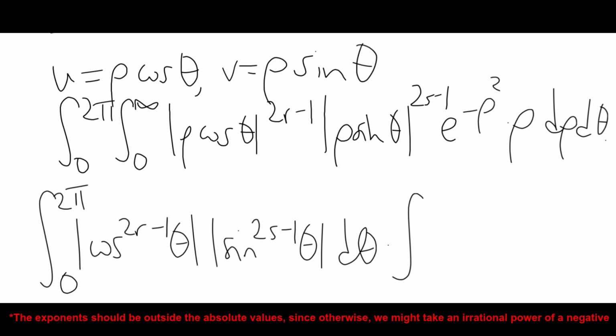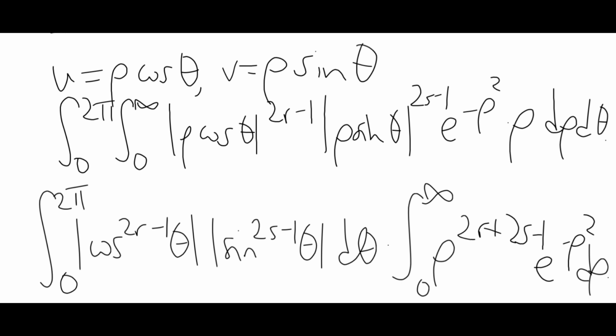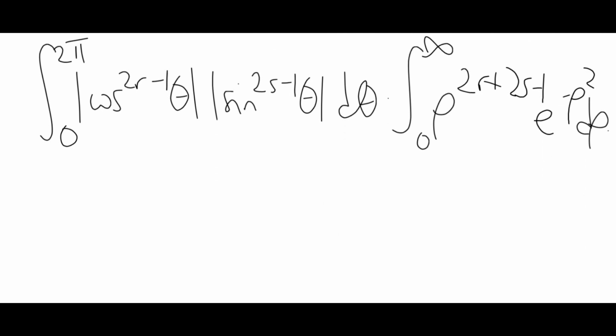And then for the rhos, I have rho to the 2r plus 2s minus 1, e to the minus rho squared. All right, now this first integral I'm going to write as 4 times the integral from 0 to pi over 2 of this. So this I can do because of the symmetry. And now I don't need any absolute values.